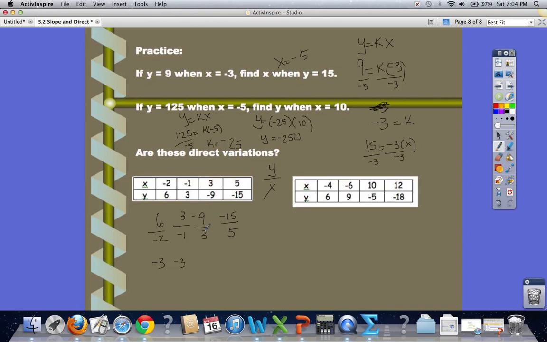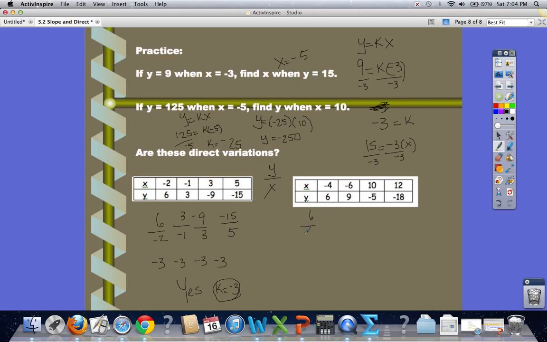Negative 9 divided by 3, negative 3. Negative 15 divided by 5 is negative 3. So this is yes, and then the constant of variation would be negative 3. Let's see what this one is.